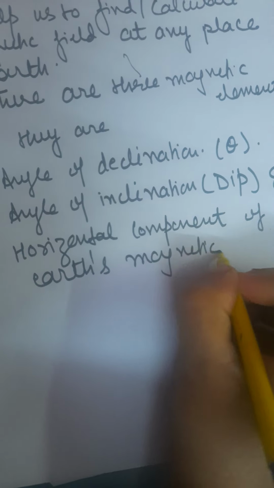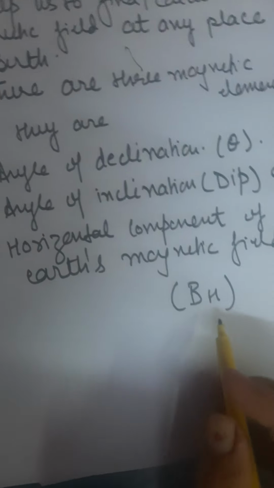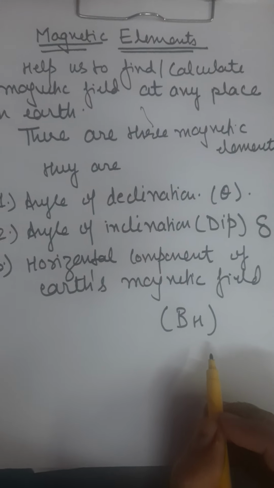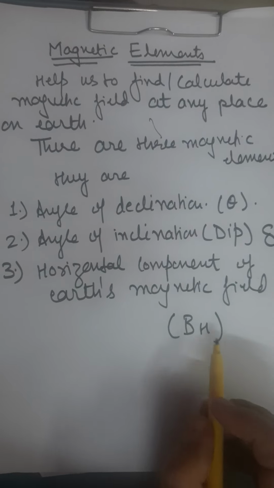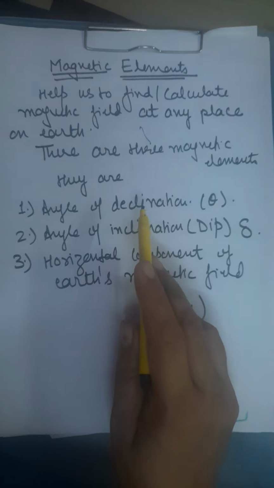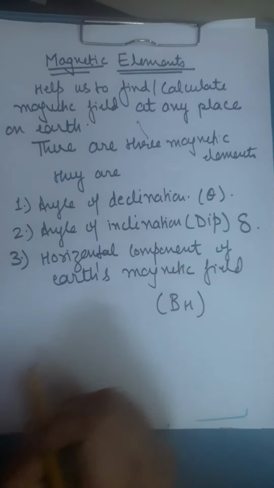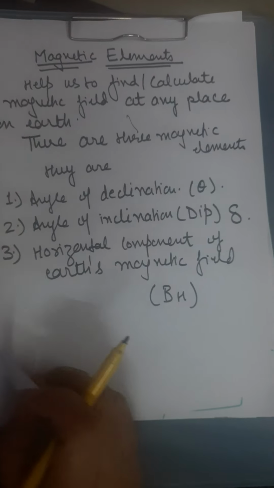Its symbol is BH. B is magnetic field and H is horizontal. So this is the horizontal component of Earth's magnetic field. So I have three elements, children: angle of declination, angle of inclination, and horizontal component of Earth's magnetic field.